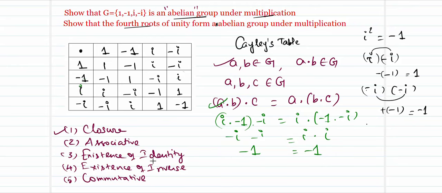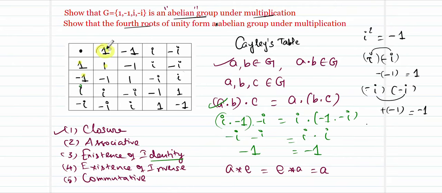What is going to be the identity element? The identity element is a quantity that satisfies the condition A star E is the same as E star A, which returns the original element A. So this element acts like a mirror and reflects the element back again. Which element on operation gives you back the same element? We notice that when operating on 1, 1 into 1 is 1, 1 into minus 1 is minus 1, 1 into i is i, and 1 into minus i is minus i.